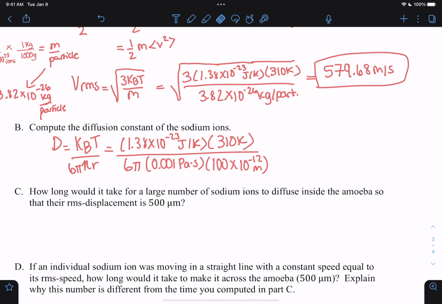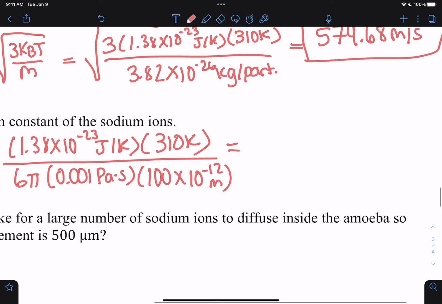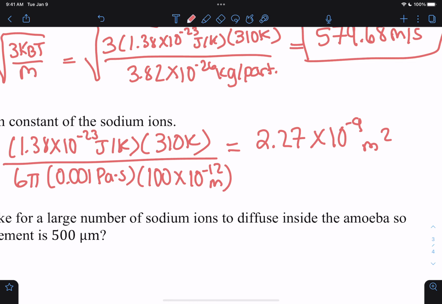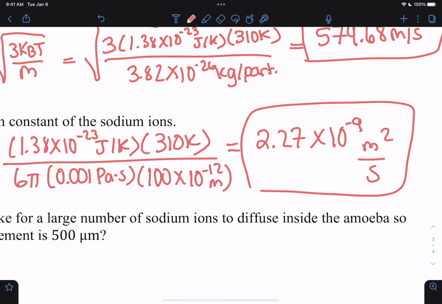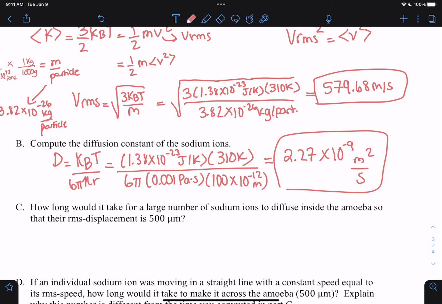And that should give you around 2.27 times 10 to the negative 9 meters squared per second. Remember, for the diffusion constant, the units are meters squared per second.